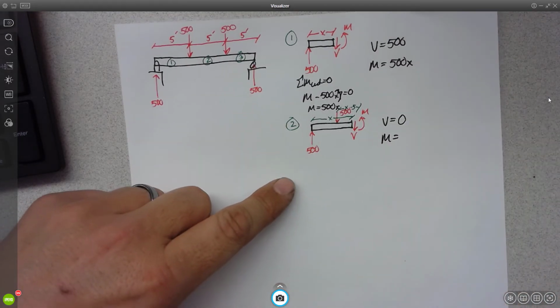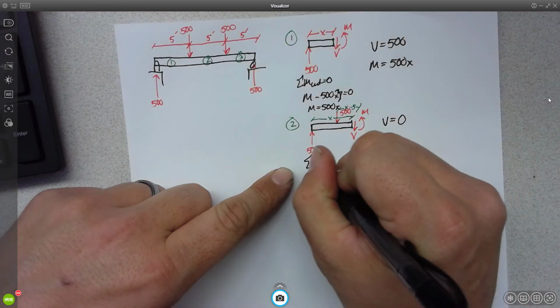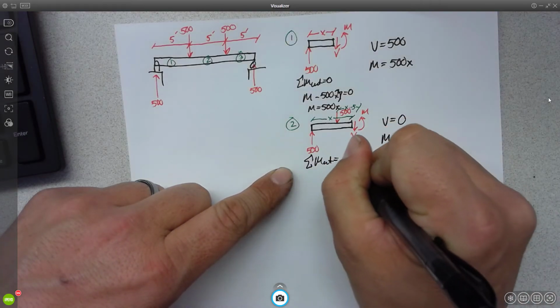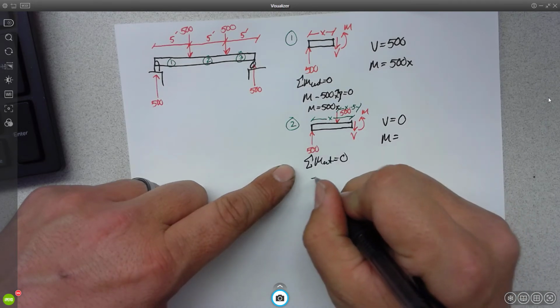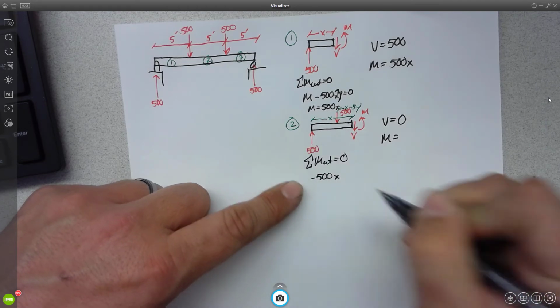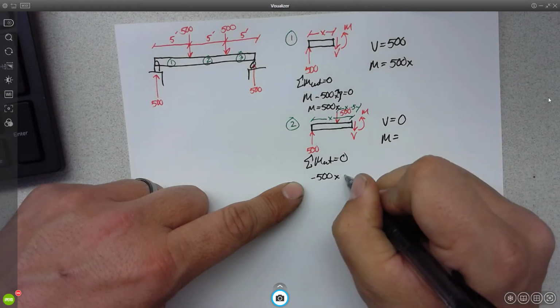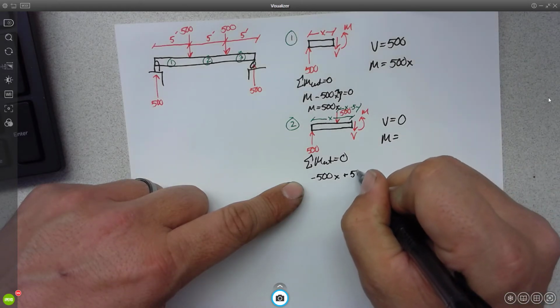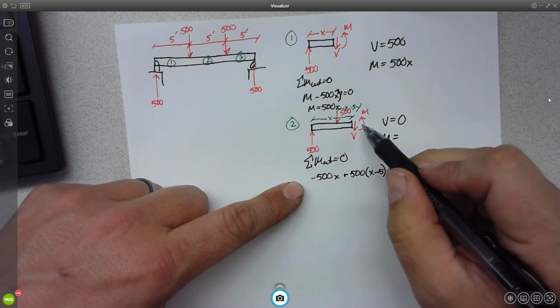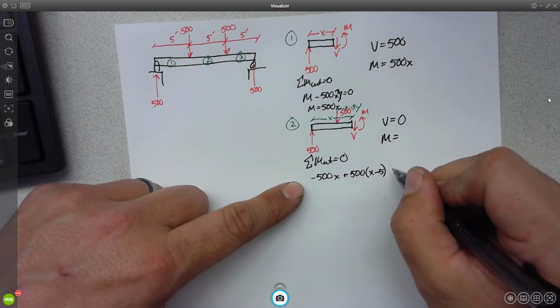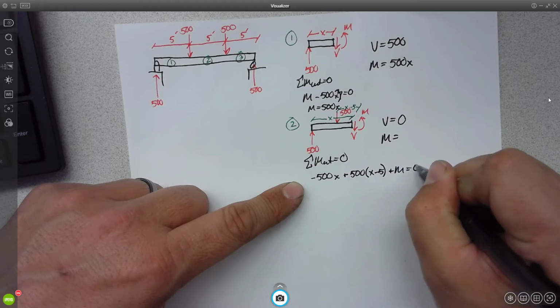So I'm going to have to write this one out. Sum of the moments about the cut, set it equal to 0. I'm going to have minus 500x plus 500 times x minus 5 plus M equals 0.